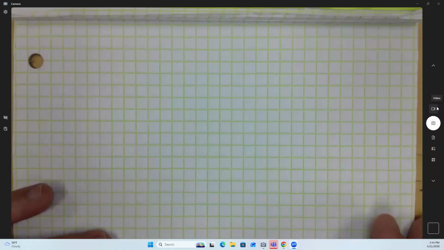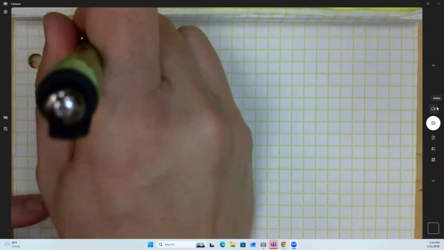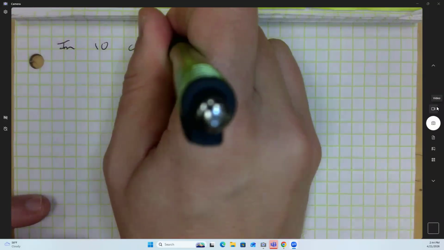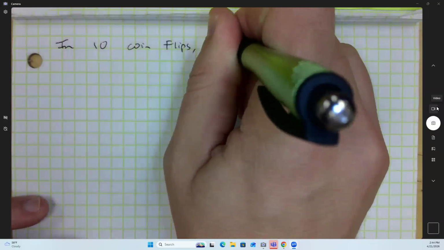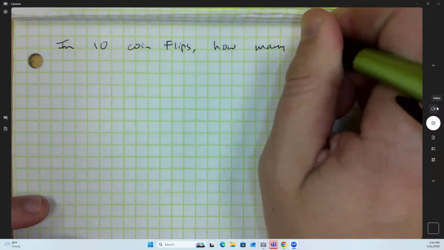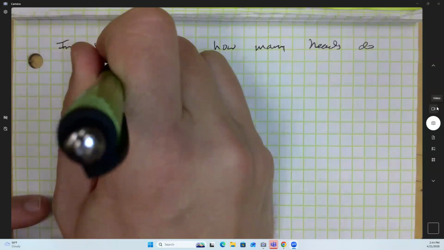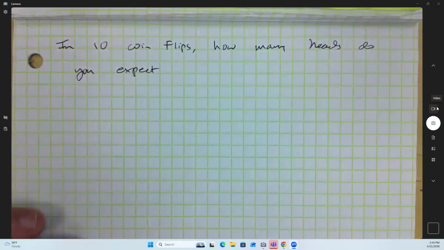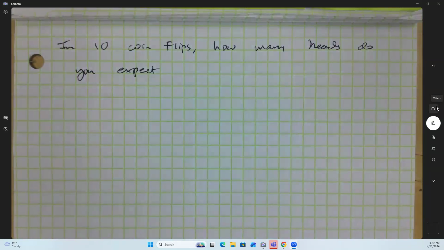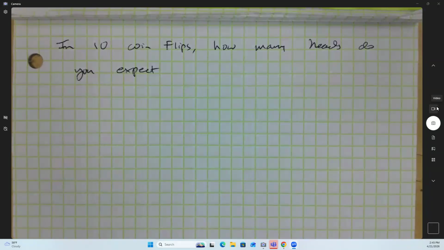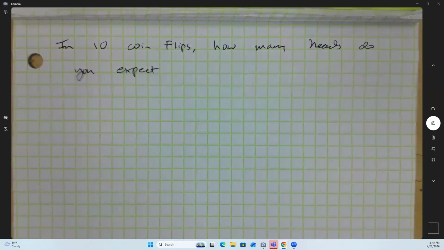Okay, let's continue with that example. In 10 coin flips, how many heads do you expect? Assuming you don't have anything other than knowing that it's a 50-50 chance and you're flipping 10 coins. Talk with your neighbor.